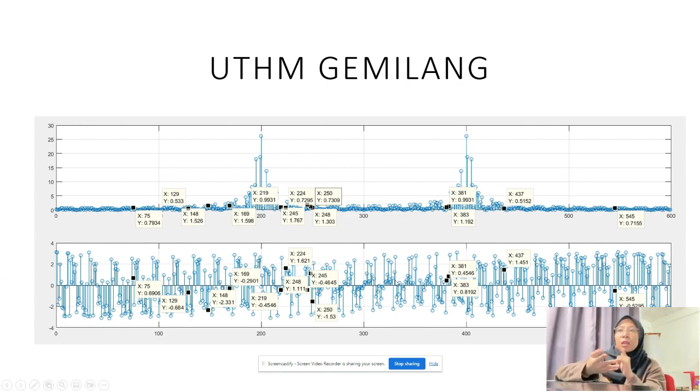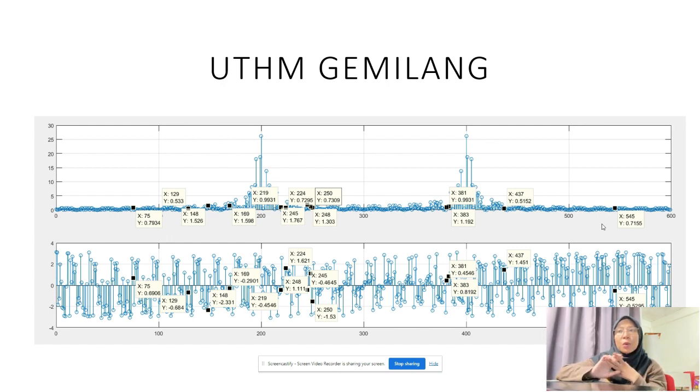UTHM Gemilang has 13 letters when you count them, and we also have the space.